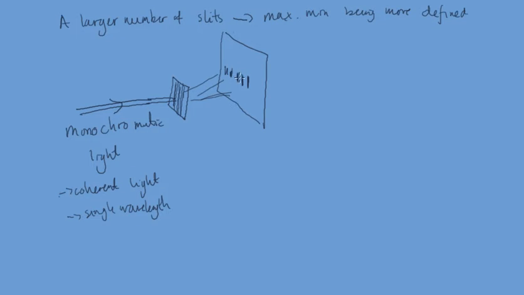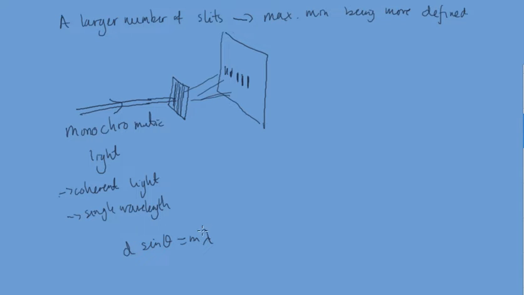You can also use a white light source on a diffraction grating, and let's look at our equation quickly. Our equation still stands: d sine theta equal to m lambda, where lambda is the wavelength and m is the position of the maximums.